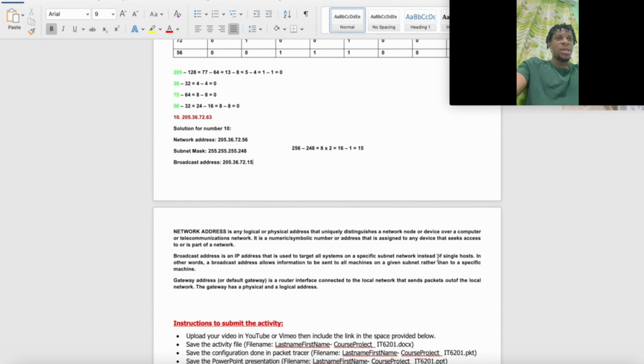In other words, a broadcast address allows information to be sent to all machines on a given subnet rather than a specific machine. A gateway address, or default gateway, is a router interface connected to the local network that sends packets out of a local network. The gateway has a physical and logical address.